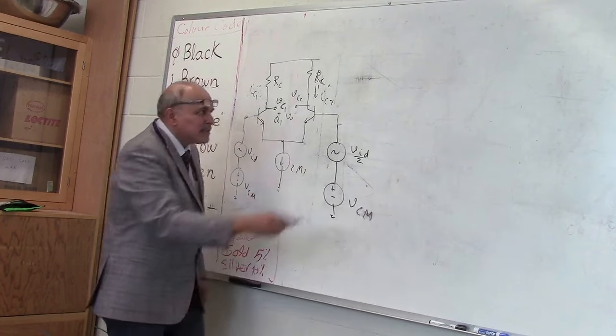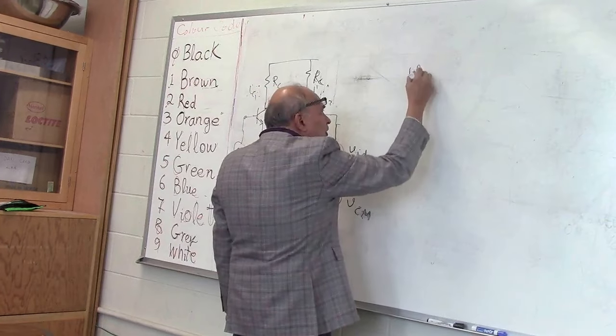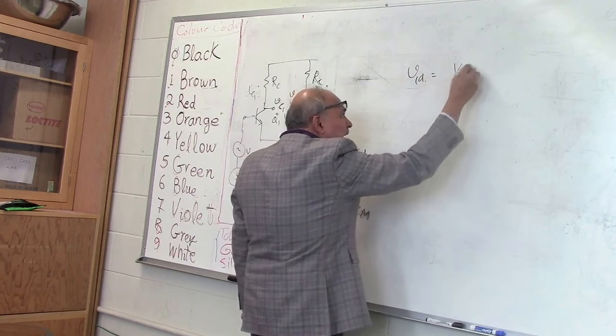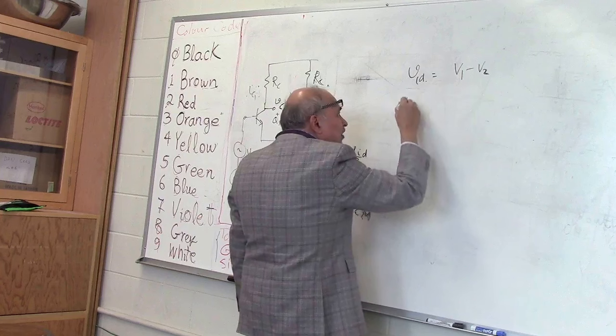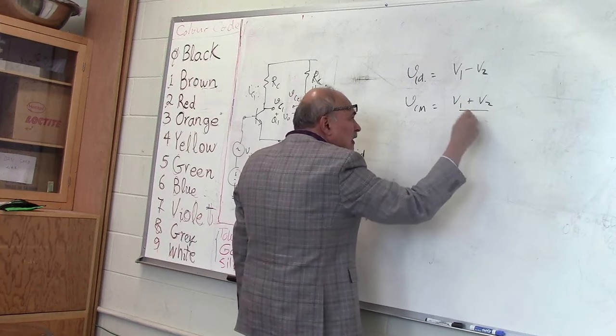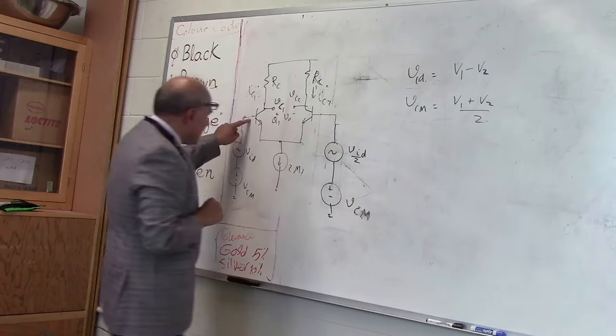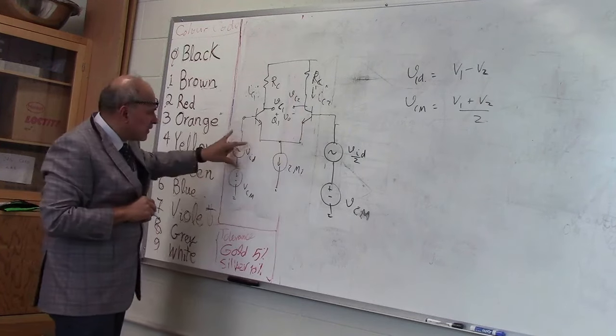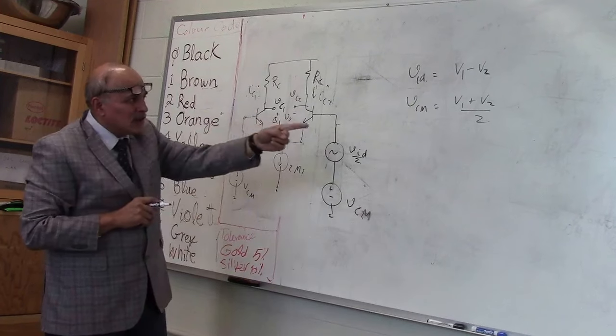Okay? And we say that the difference mode voltage VD is equal to V1 minus V2, and the common mode voltage is equal to V1 plus V2 over 2 at the base. This is V1, this is V2. So (V1 plus V2) over 2 is the common mode voltage.